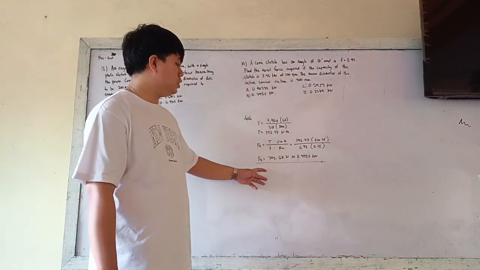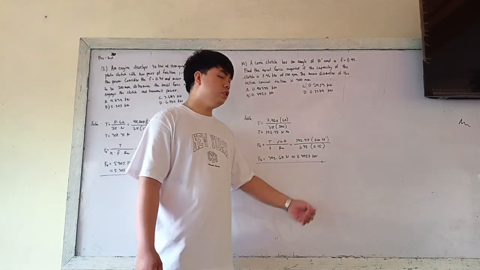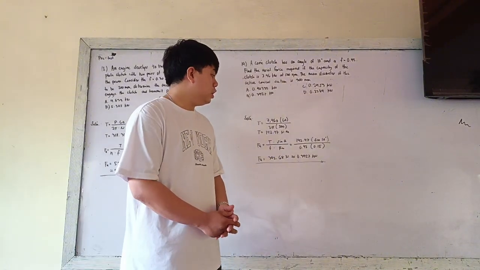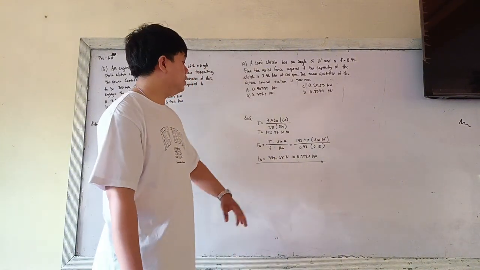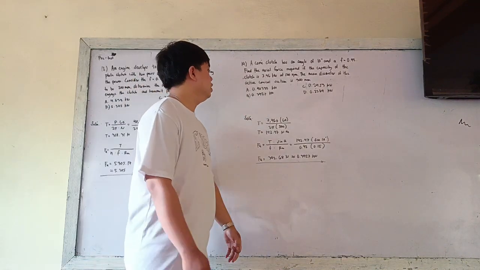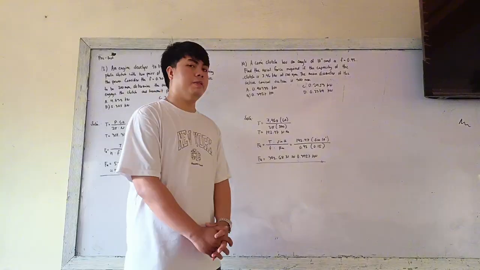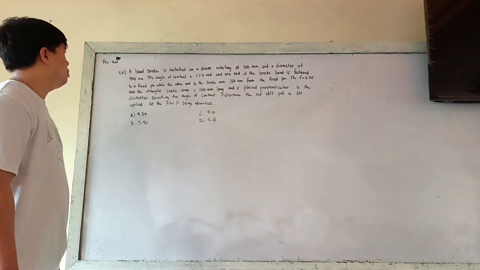So we have FA is equal to 392.68, or simply 0.3927 kilonewton. So the correct answer for this problem is the letter B, 0.3927. On to our last problem, number 20.